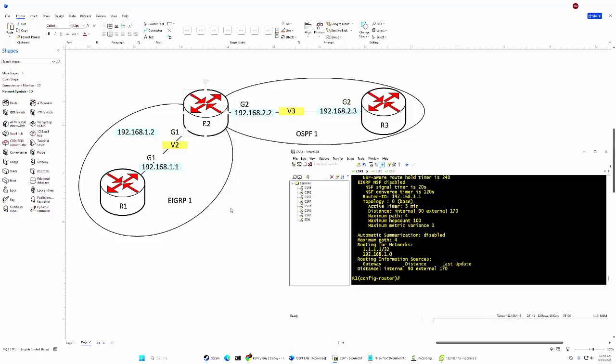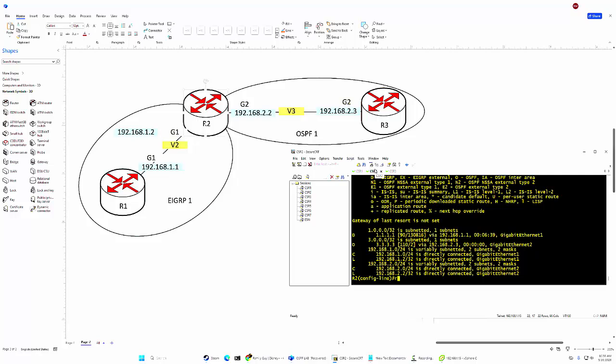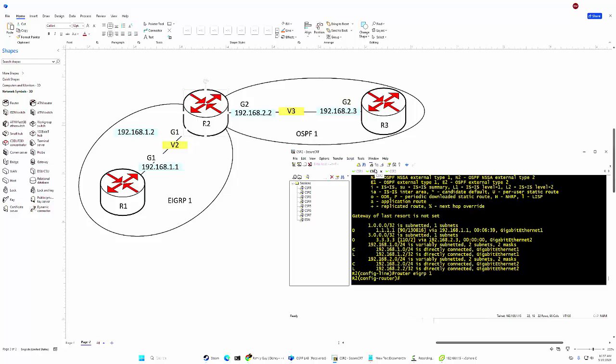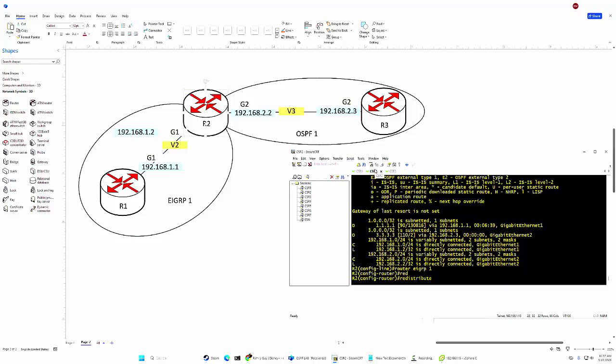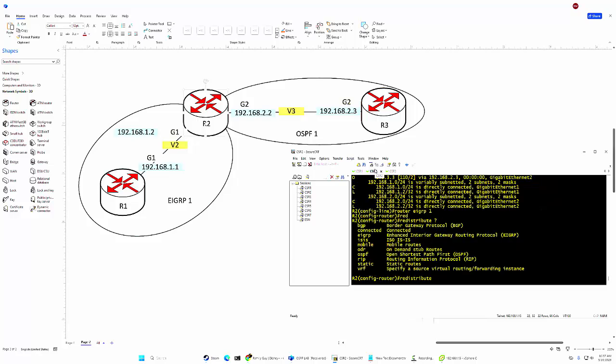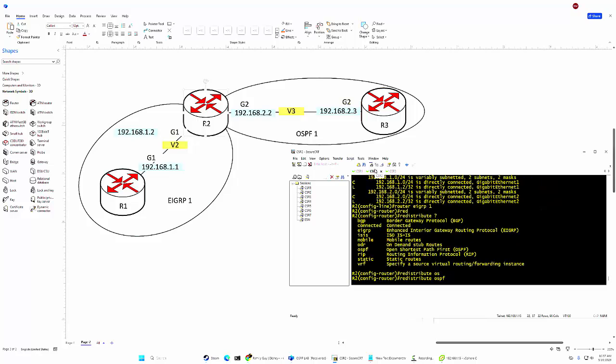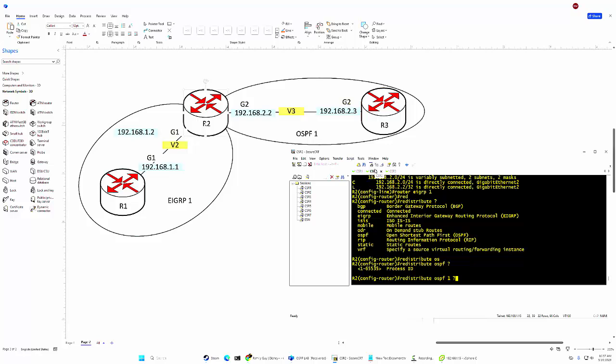Now here's the thing. Before we do that, we're gonna go into the router process, and we're gonna say redistribute OSPF, the process ID.